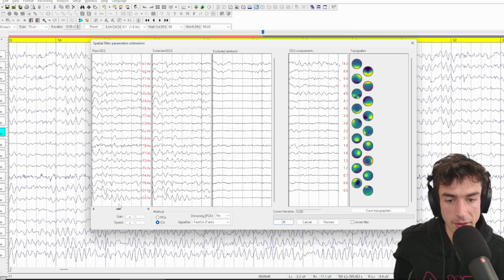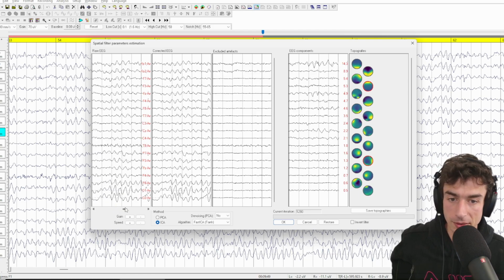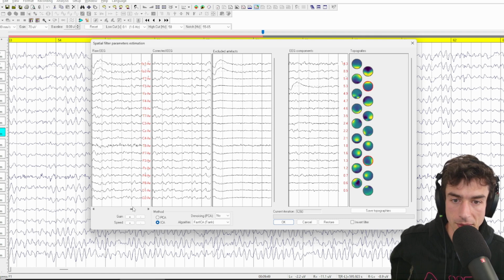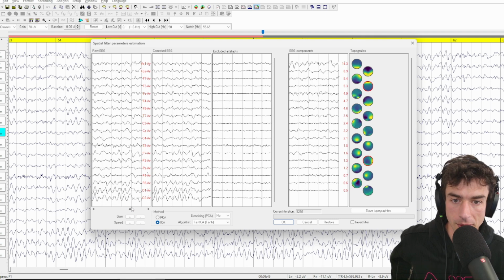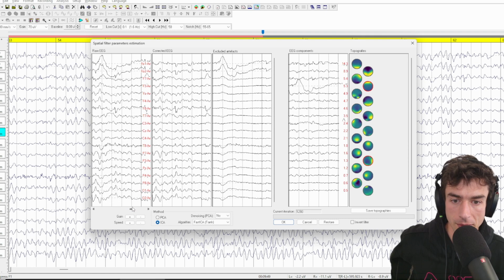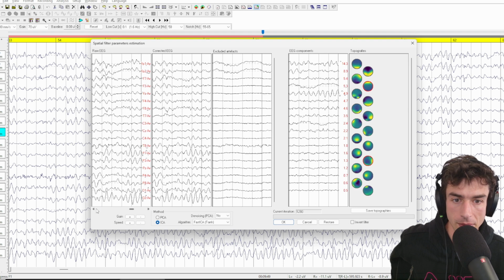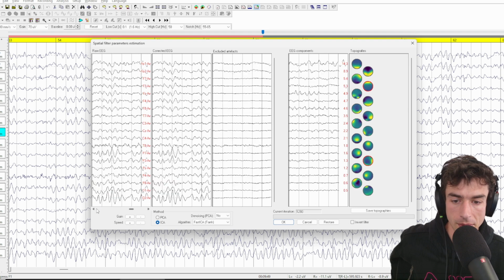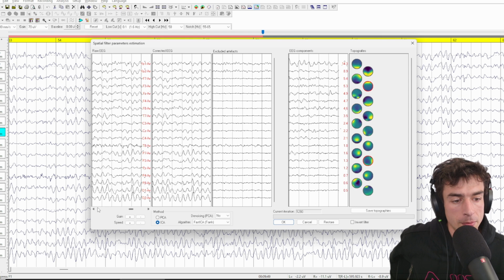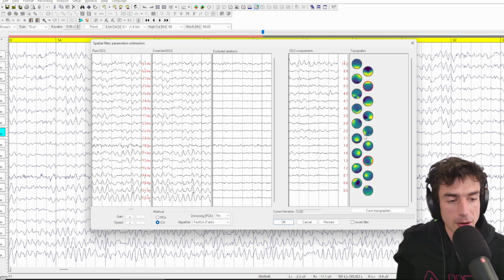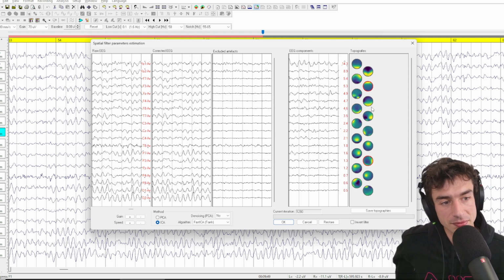So I'm satisfied with that component, and we may be done. Looks like we don't have a super solid topography for T7, and I'm okay with that.